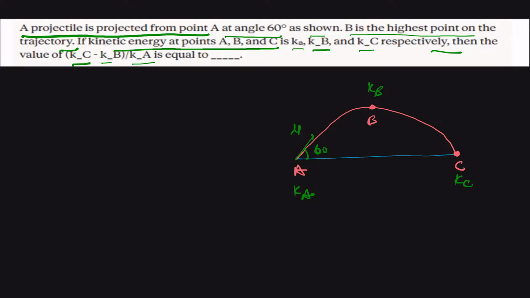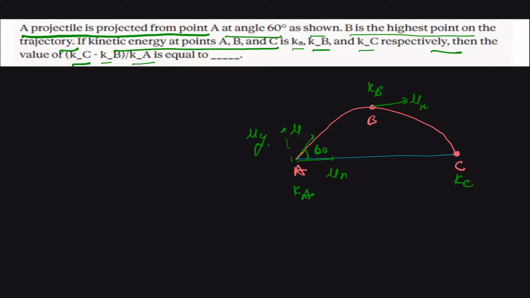So we can divide our initial velocity u into two components. This is our ux and this is our uy. B is the highest point, so the only velocity remaining here will be the horizontal one. The vertical component totally vanishes, and ux stays the same throughout the entire motion.